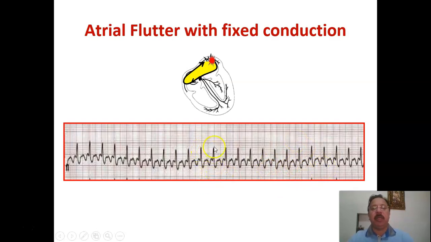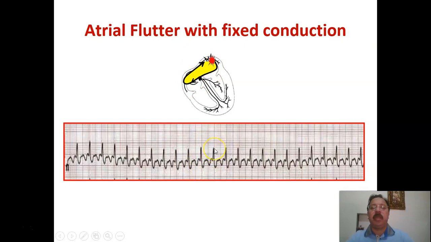So look here, the differential diagnosis is atrial flutter with 2-into-1 conduction. So the impulse moves 2 times in the atria and then goes down to the ventricles, and we get a heart rate, or ventricular rate, of 150. If it moves 3 times, we get 3-into-1 conduction.